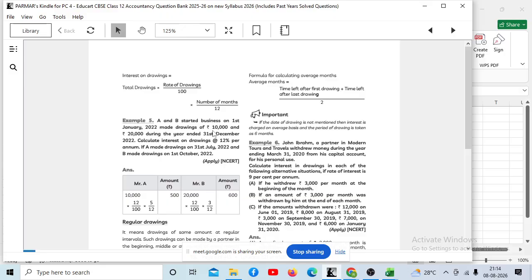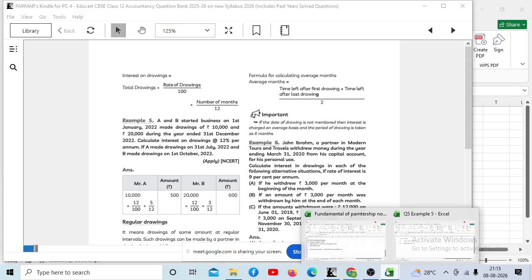And B has withdrawn 20,000, okay? And A has withdrawn on 31st July. Since it is the end of July, July month will not be counted. It will be counted from August, September, October, November and December, because the year ending is December. So it comes to 5 months and the rate of interest is 12%.